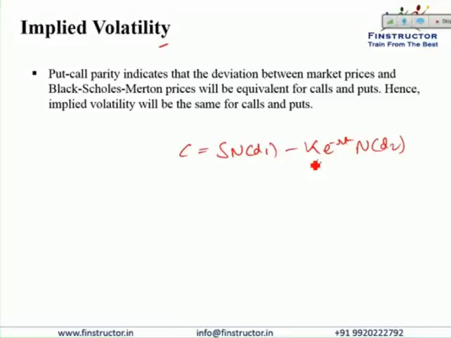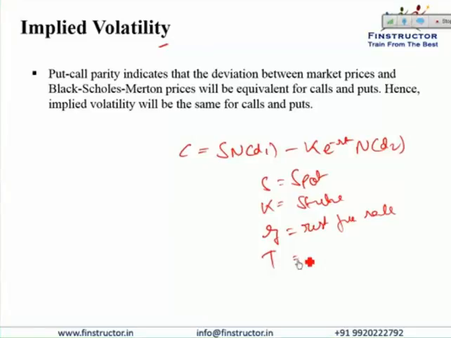That is, essentially, if we know the spot price, the strike price, the risk-free rate of interest, the time to maturity, and the volatility of the stock or the currency, then we can input all these factors into the Black-Scholes formula and compute the price of the call option.